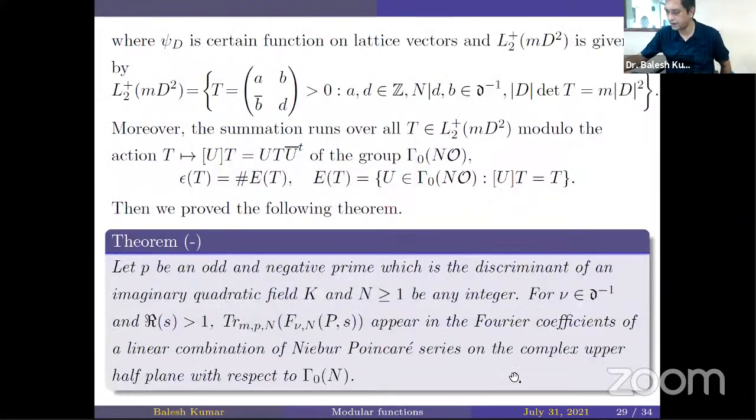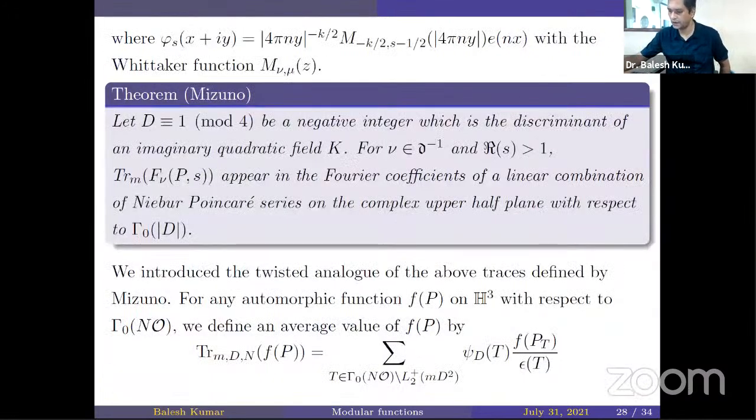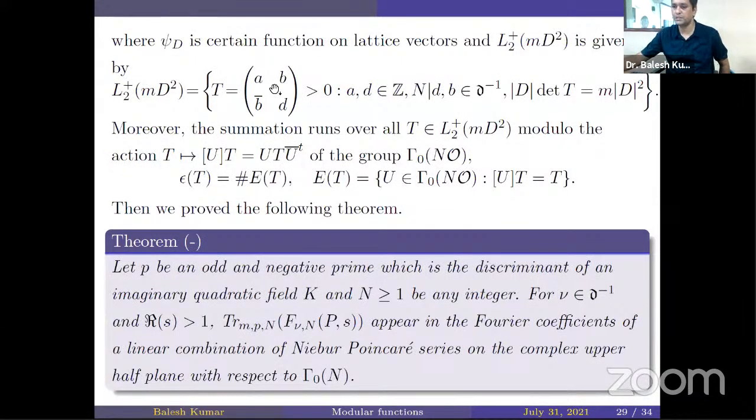And here psi d of t is essentially the Kronecker symbol, because if you are given this binary Hermitian form, then psi d of t is essentially d by a, or chi d of a. One can define the Kronecker symbol chi d of a.